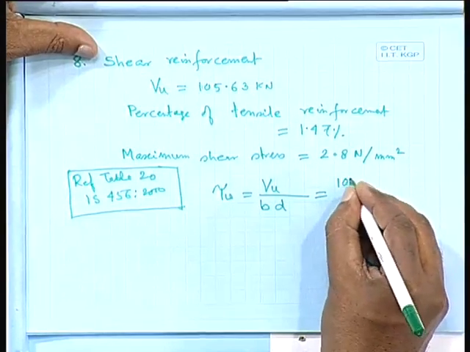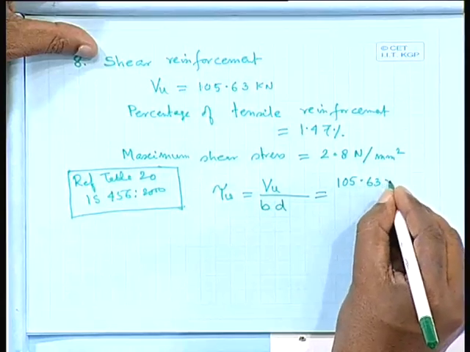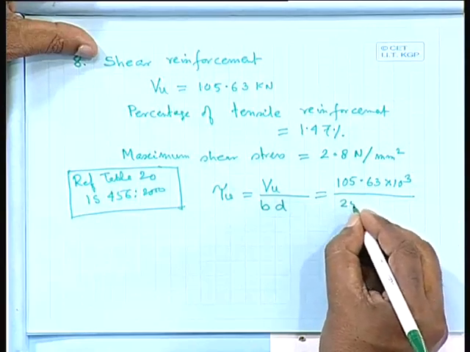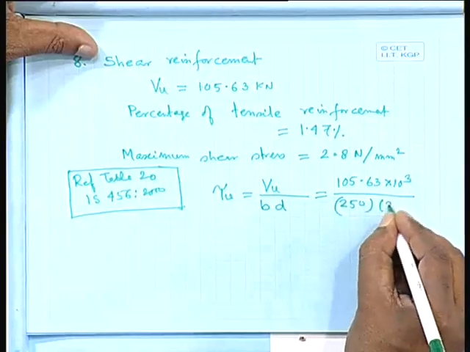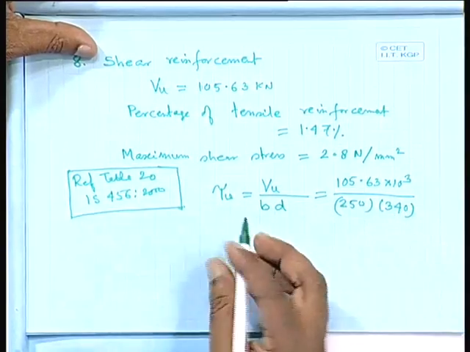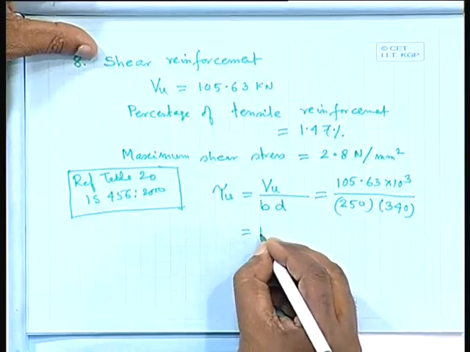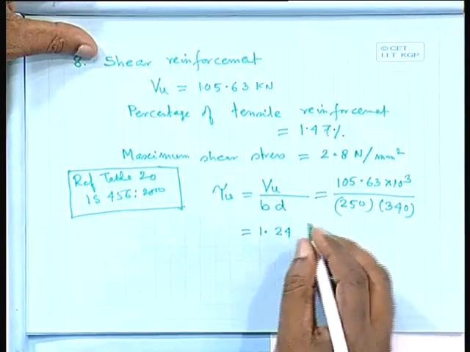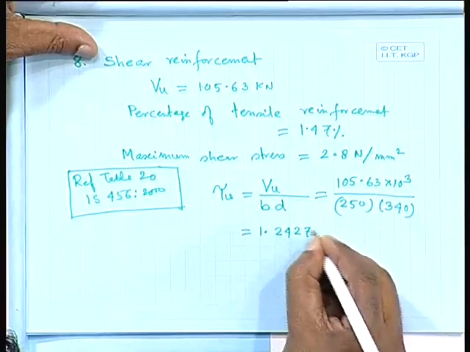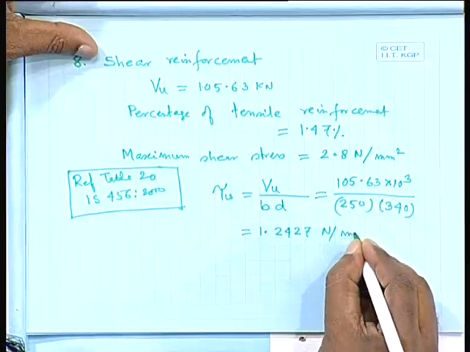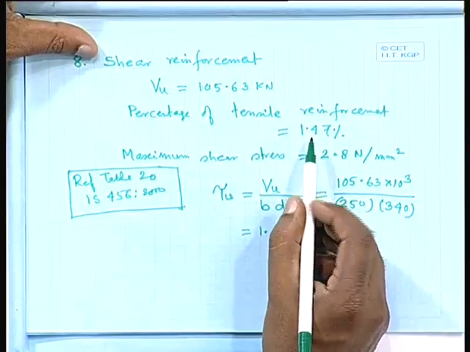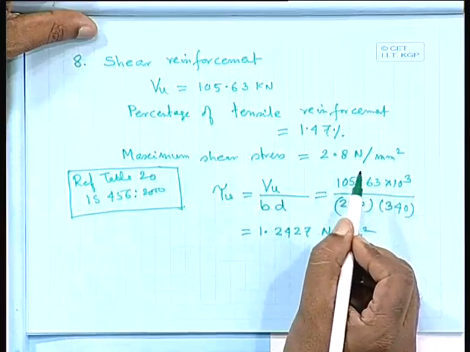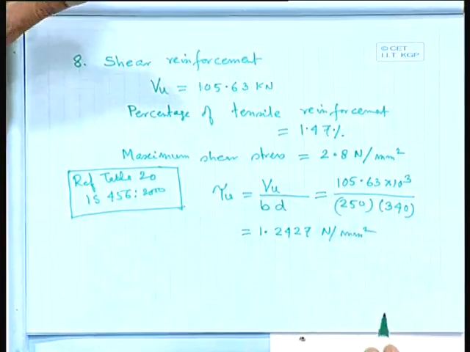Vu equal to 105.63 into 10 to the power 3 divided by 250 times 340, and it comes as 1.2427 Newton per square millimeter. So, it is less than 2.8. So, no need of changing the section.